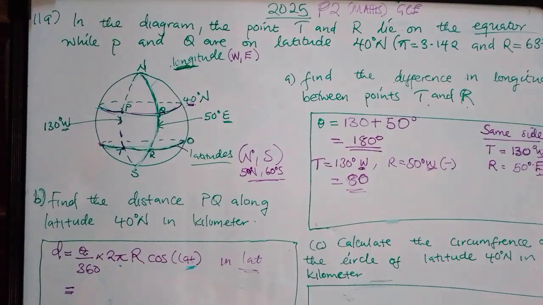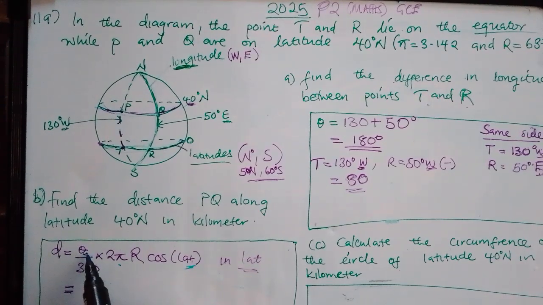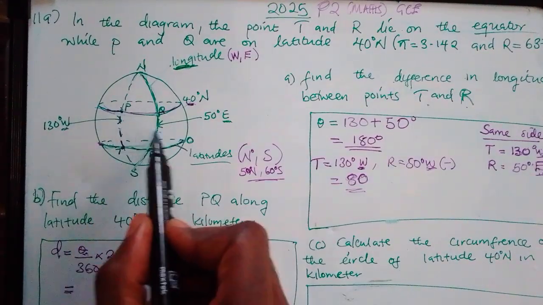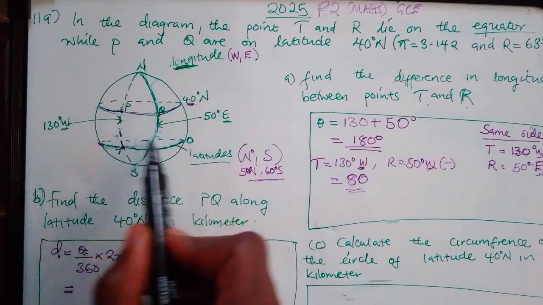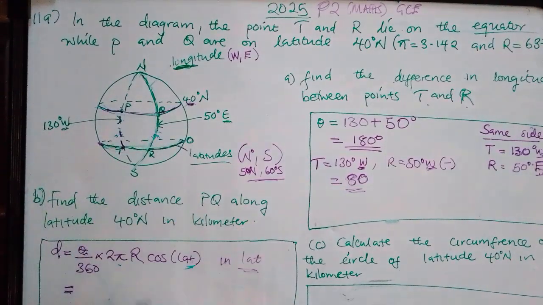Our distance. So now you say this angle we use here represents what? The difference in longitude. Because P and Q, they are on different what? Longitude. That's why we are using the difference in longitude.